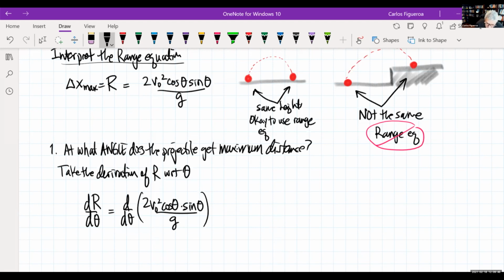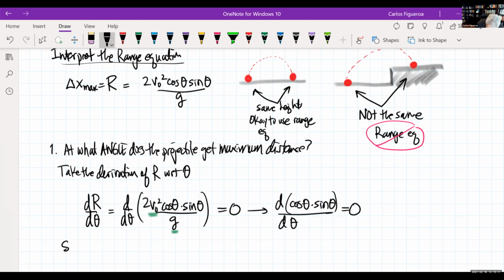Then what you do here is you've got to get the critical point, which I set equal to 0. So the first thing that you want to note is that this guy and this guy are constant, so I can just divide that out. So what you really have to do is take the derivative of cosine of theta times sine of theta with respect to theta and set that equal to 0.